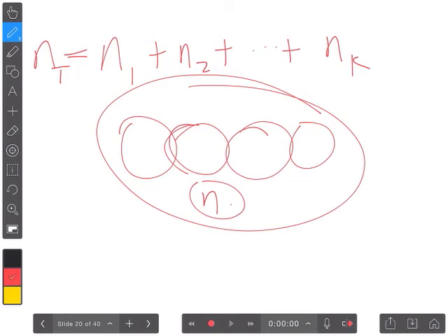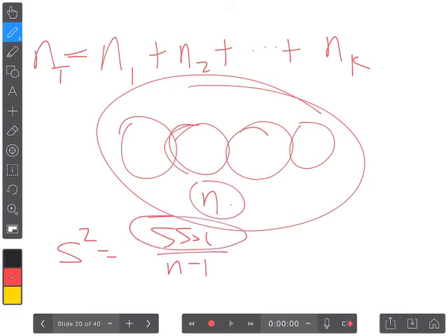So how do we find the sum of squares for one sample? Remember that S squared is SSX over N minus 1.